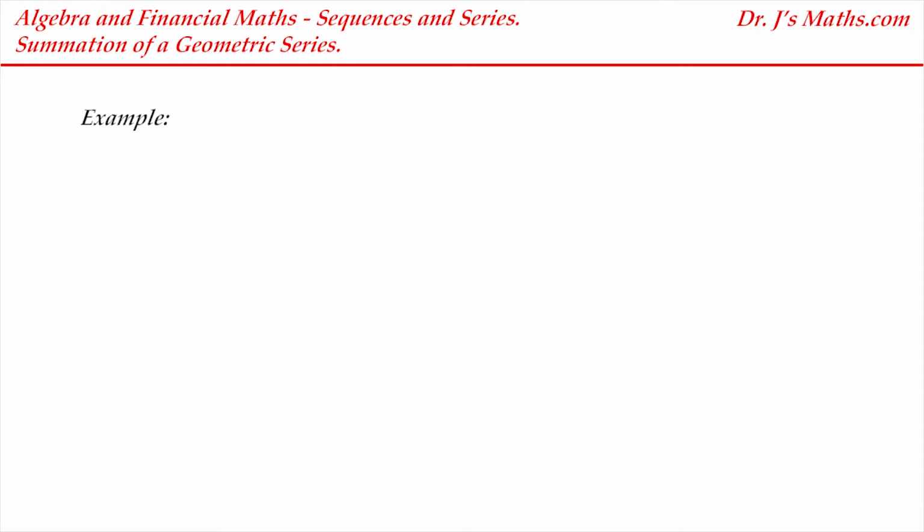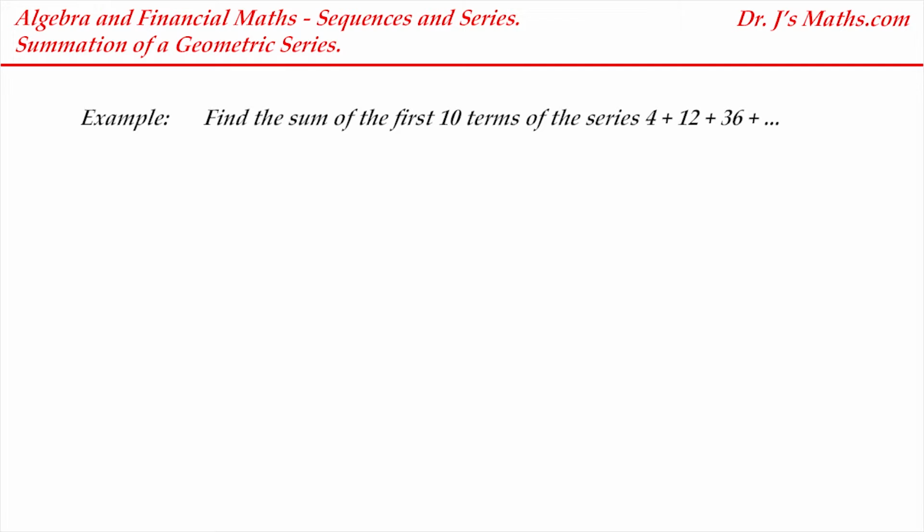So off the soapbox and into an example. Find the sum of the first 10 terms of the series 4 plus 12 plus 36. Well, on the left, we've written the first term, T1, as 4, and 12 over 4 is 3, so the ratio r is 3. We substitute in.